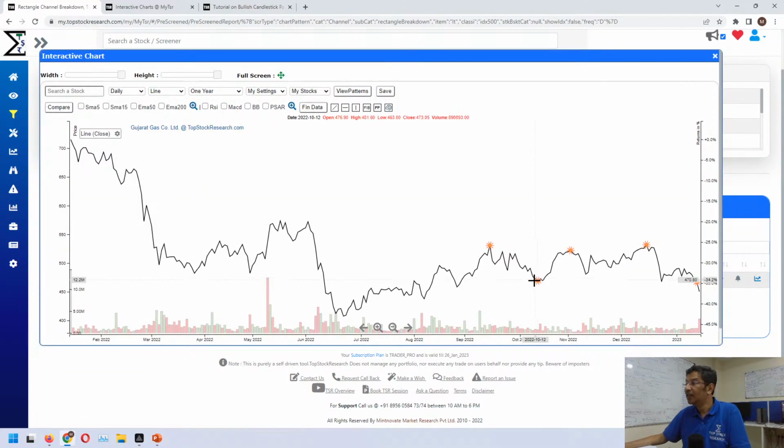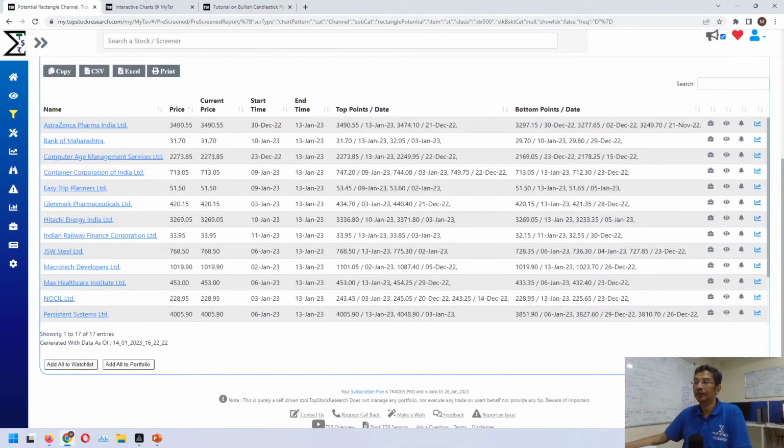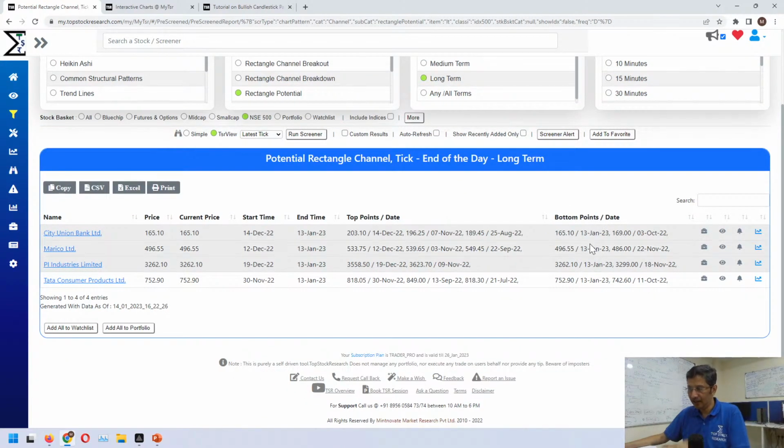So when you see the rectangle part is broken down, right? The breakdown has happened. Now, if you are looking for the possibility of breaking down or breaking out, then what you should be looking at is potential patterns, where the possibility of a break is there. It is still in the range, and very near either the support or resistance level, right?